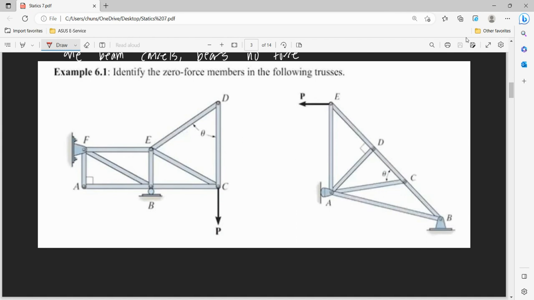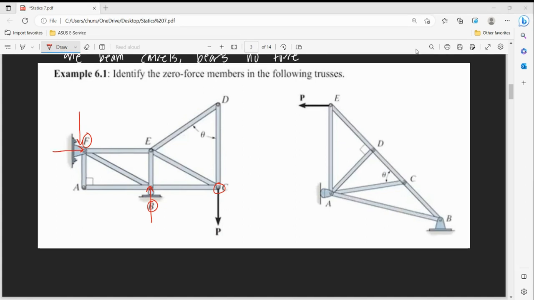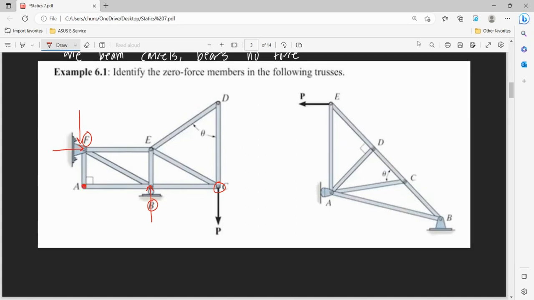So let's draw the reactions that we would have. Okay, so we know that pin F, pin B, and pin C all bear external loads or external reactions. So let's start at pin A and see what is going on.